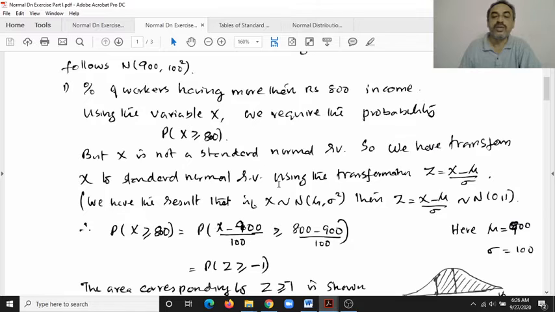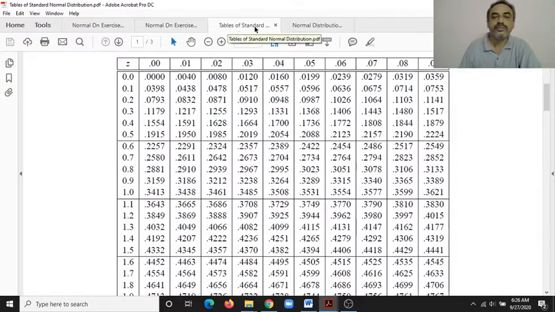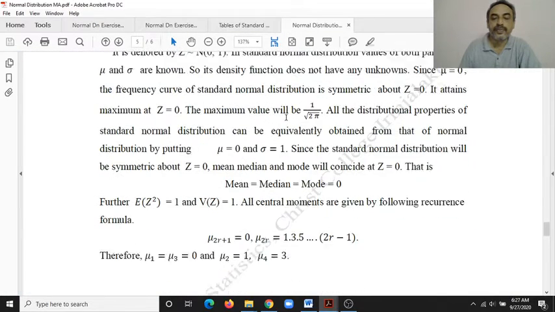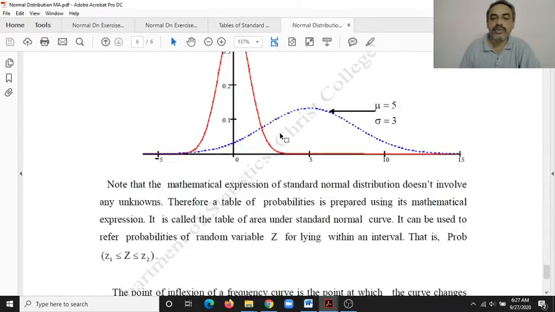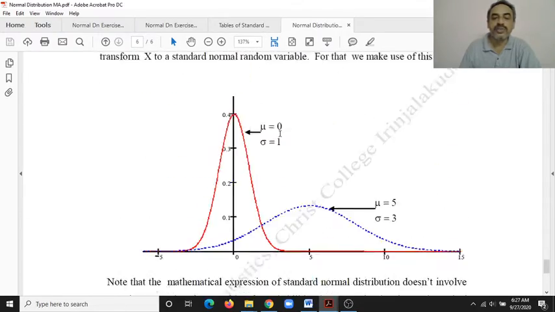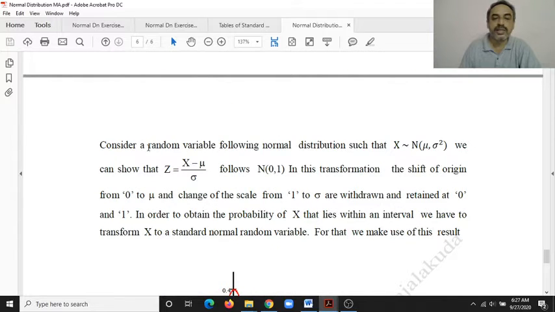For that, we make use of the transformation z equals x minus mu by sigma. In normal distribution, we have the property that if we consider a random variable x following normal distribution N(mu, sigma square), we can show that z equals x minus mu by sigma follows N(0, 1).